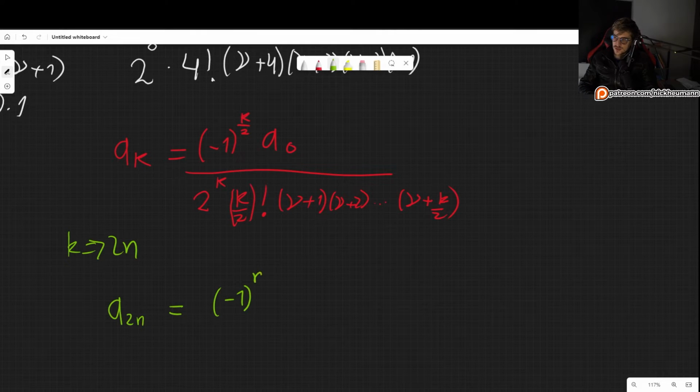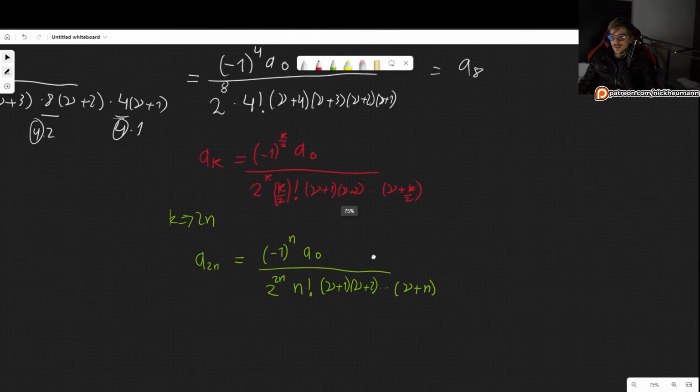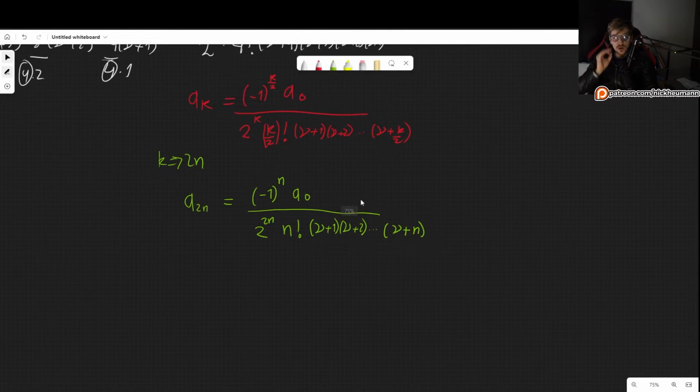So minus 1 to the nth power, a0, divided by 2 to the k, but k is now 2n. Then we have k over 2 factorial, so we get n factorial. And then we have nu plus 1, nu plus 2, etc., until we get to nu plus n. Okay, and these are our coefficients.